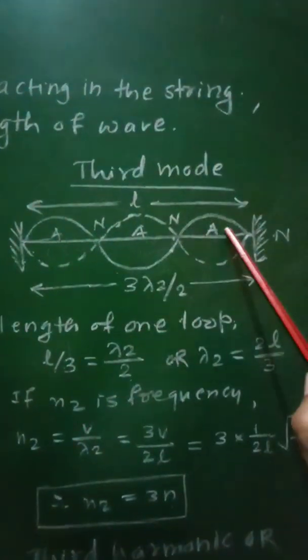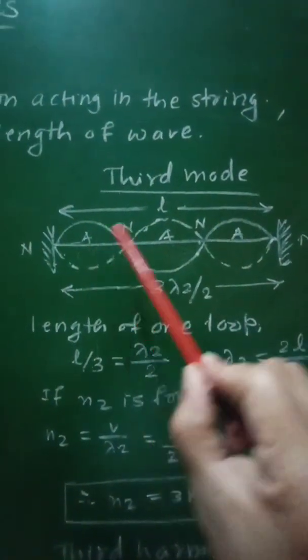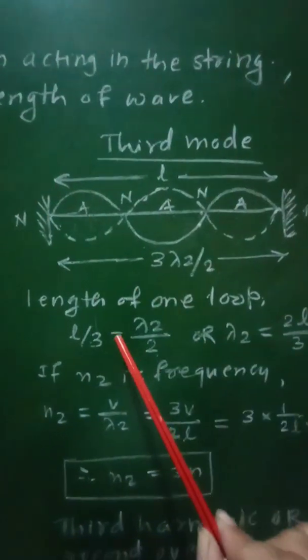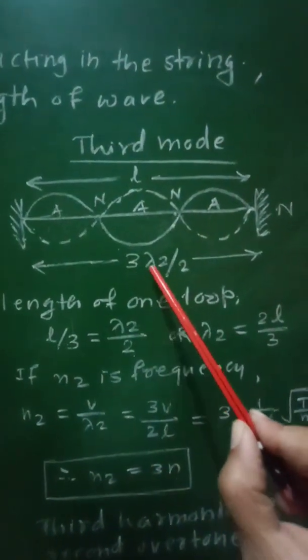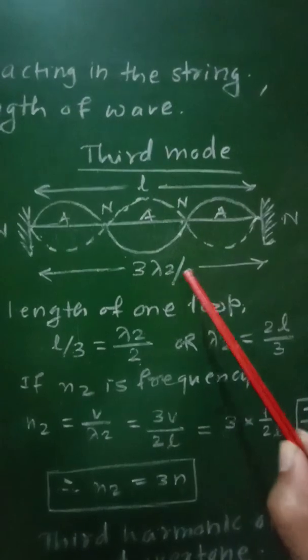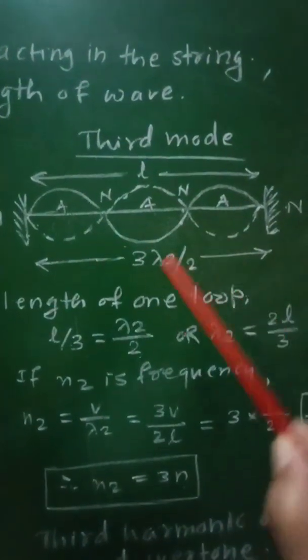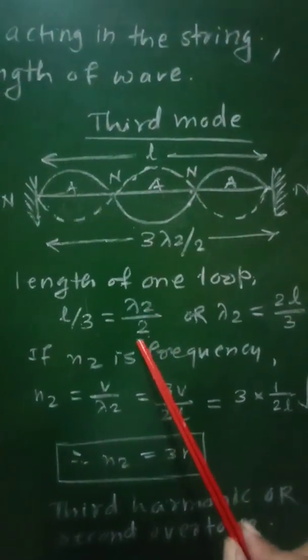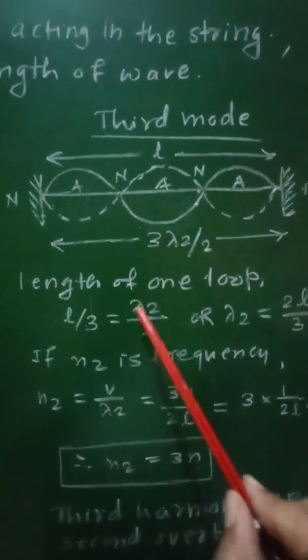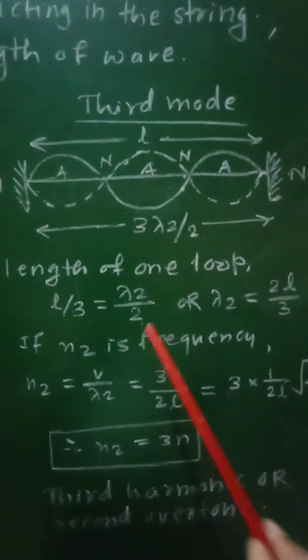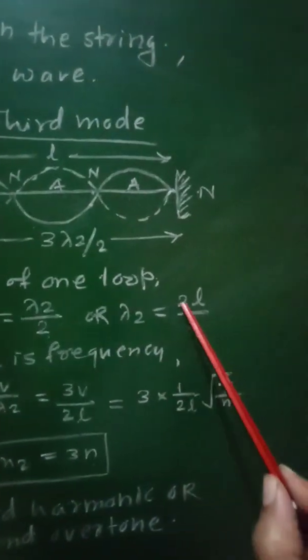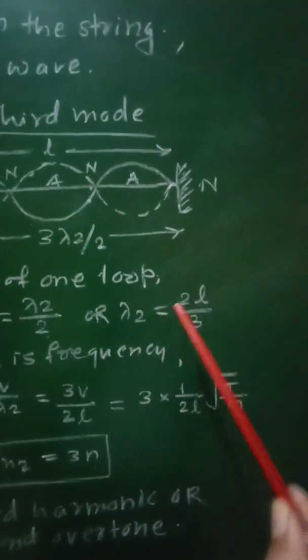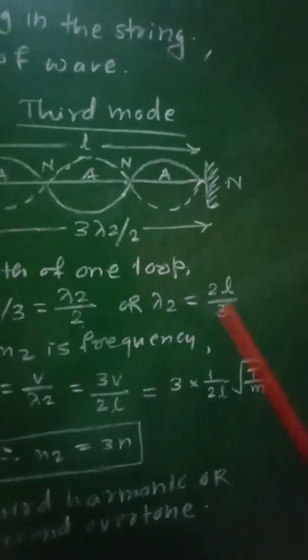As there are 3 loops, L by 3 equals 3 lambda 2 by 2 divided by 3. The 3 cancels, and we get lambda 2 by 2. So L by 3 equals lambda 2 by 2, or lambda 2 equals 2L by 3.